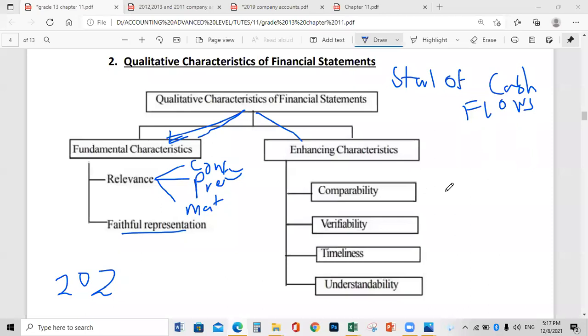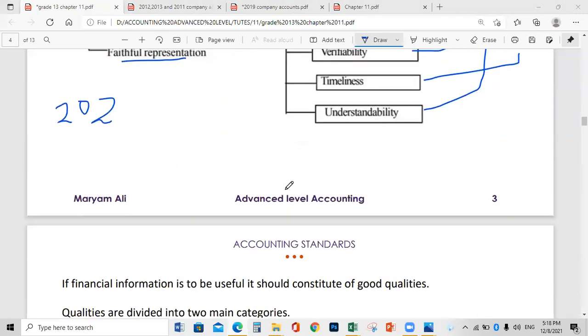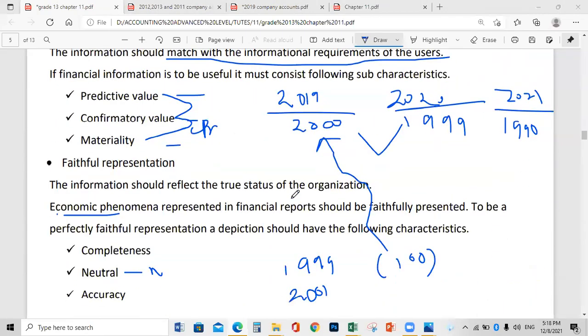The easy way to remember, I tell my students, remember it as V CUT. For the first few times, just remember it as a V CUT. V is for verifiability, C is for comparability, U is for understandability, T is for timeliness. V CUT. Okay, now we will study one by one.